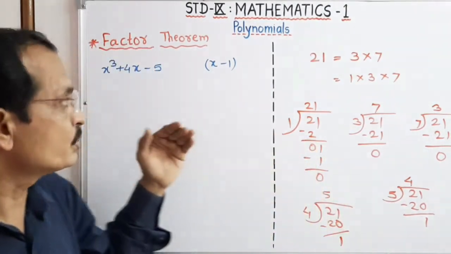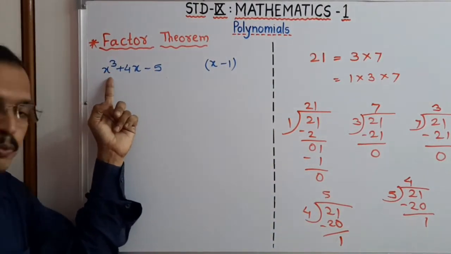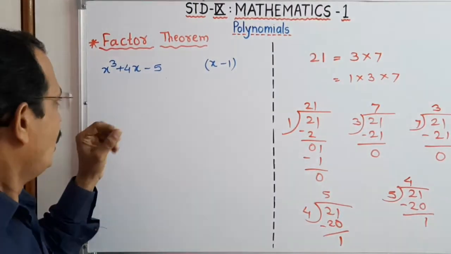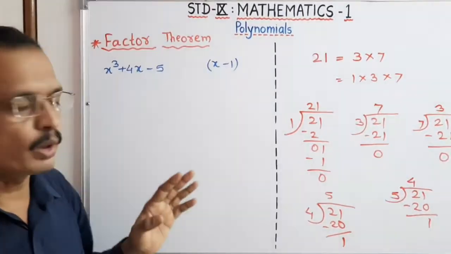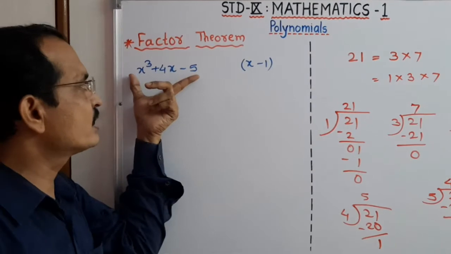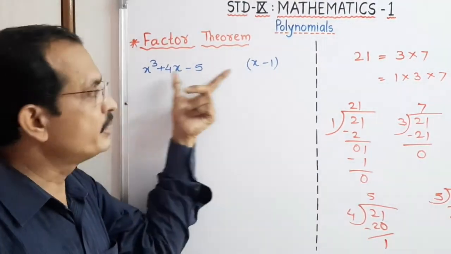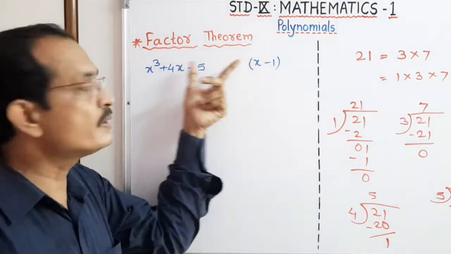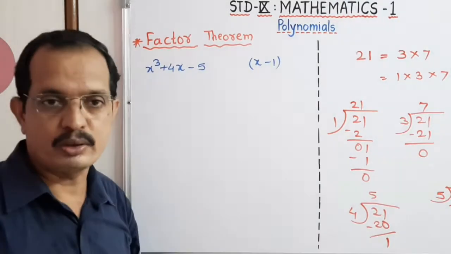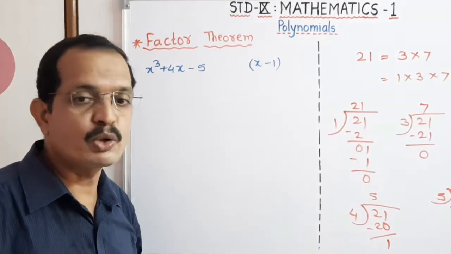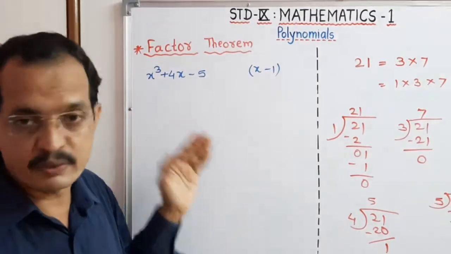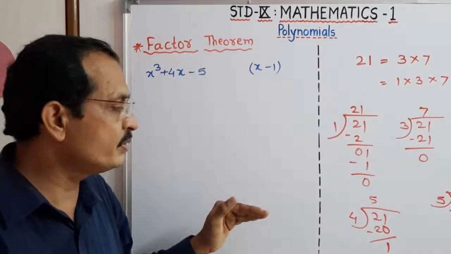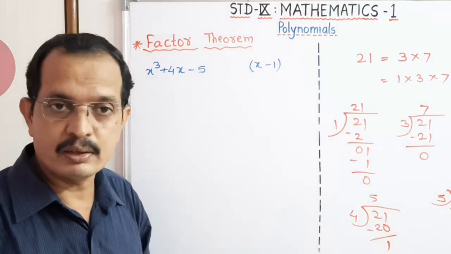Simple thing. Now see in this case about the polynomials, the same rule I have to apply. We have to decide whether this polynomial x minus 1 is a factor of this polynomial or not. For that purpose, what we have to find out? We have to do the division, and after getting the division, we can find out the remainder.